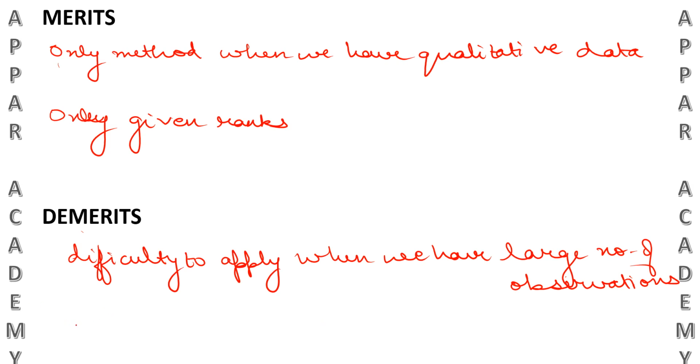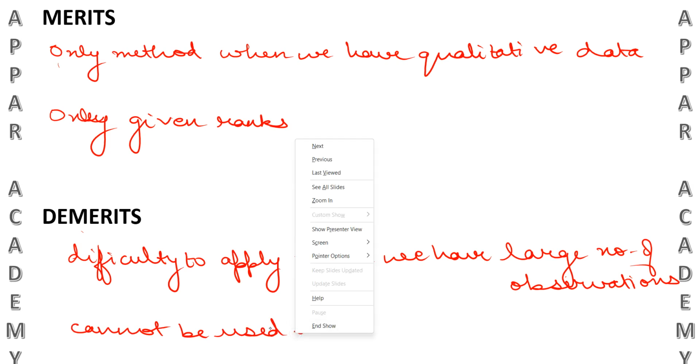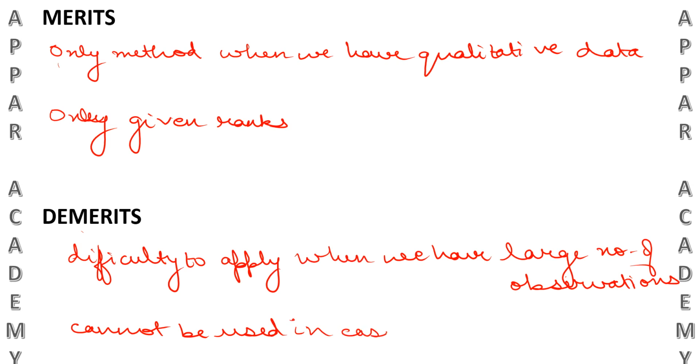Second is it cannot be used in case of bivariate frequency distribution. Bivariate frequency distribution, right? Why? Because in case of bivariate frequency distribution, we cannot use these.